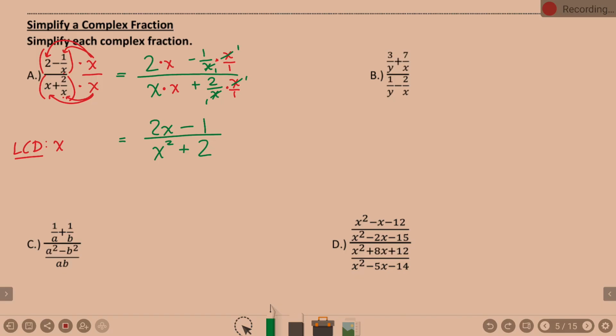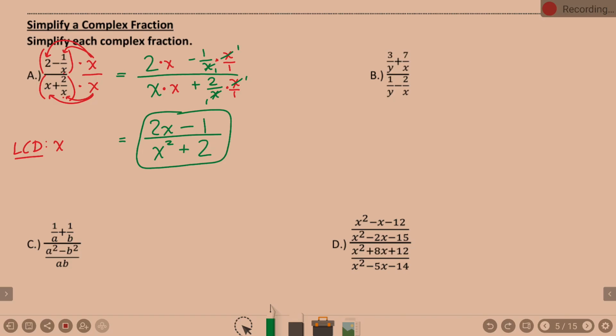Is there any factoring? Not exactly. It's not x squared minus a number, so it's not going to factor. 2x minus 1, we can only talk GCF. Guess what? You're done.